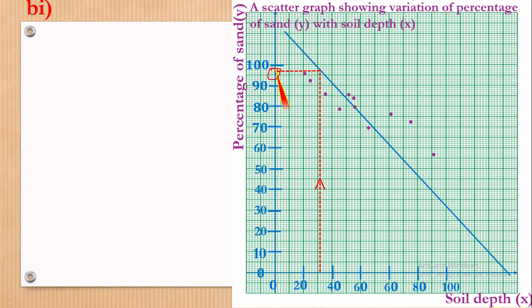So when you read keenly, that value there will be, in fact, 97%. So that means that when the depth was 34 centimeters, the value of y was 97%. You have correctly answered that.